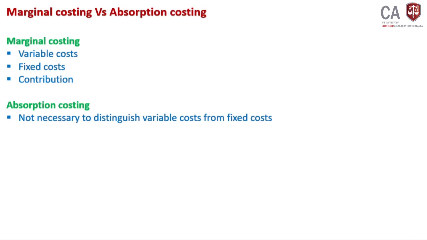All these three elements we will consider in marginal costing, but in absorption costing it is not necessary to have this classification. No need to calculate variable cost, no need to calculate contribution. All cost you will consider in absorption costing, and we call it full production cost, right? Not necessary to differentiate variable cost from fixed cost.